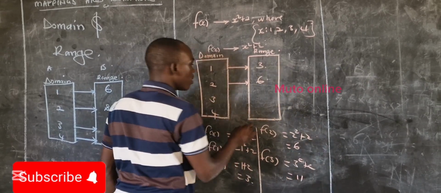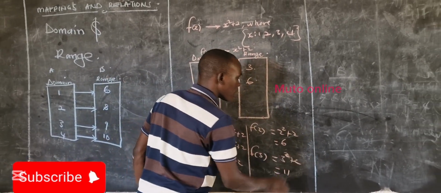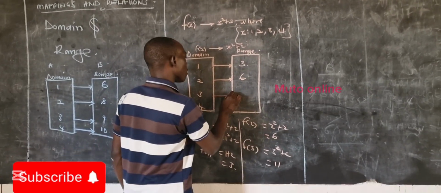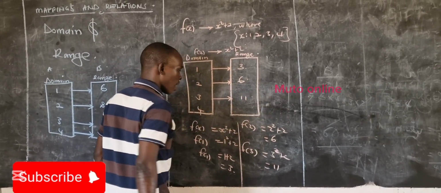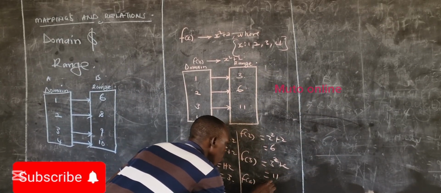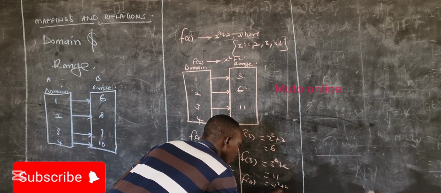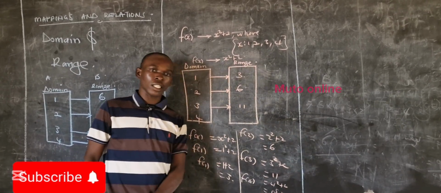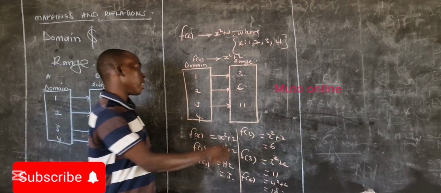This gives us 11, because 3 squared is 9 plus 2. That is 11. You do the same. Finally, we test for f of 4, which is equal to 4 squared plus 2, giving us 18. So 4 squared is 16 plus 2, that is 18.